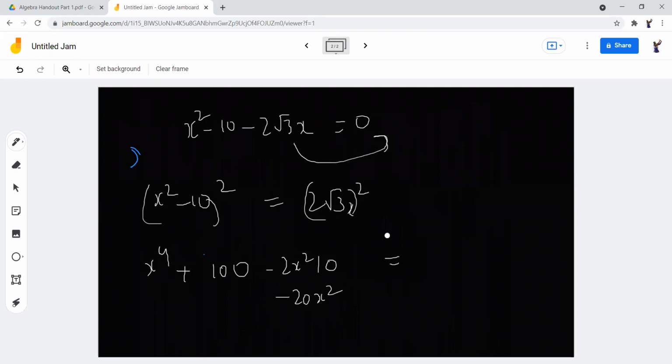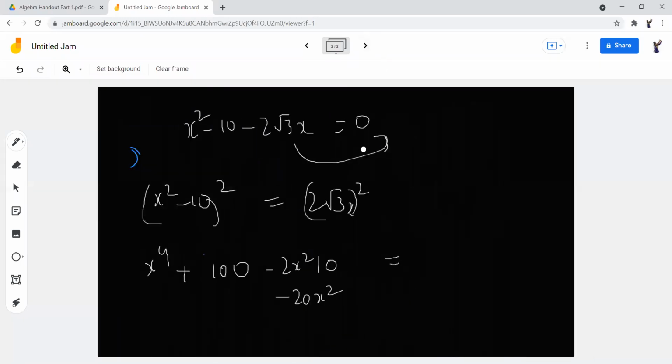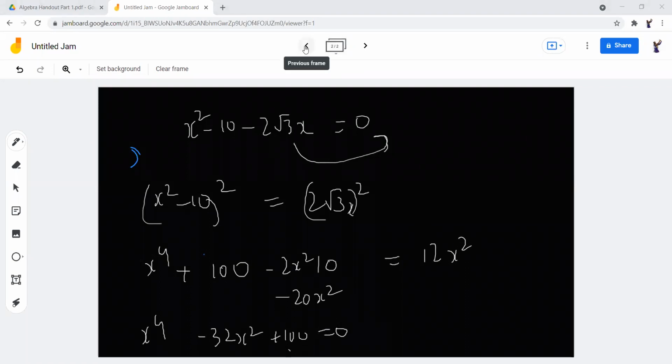Oh, one second guys, I think I made some mistake here. Okay, fine. I don't think this is a mistake. So this becomes 12x square. So when I send it here, x power 4 minus 32x square plus 100 equals 0. Wait, is there any mistake here, guys? Oh, one second. I think there's some mistake here.